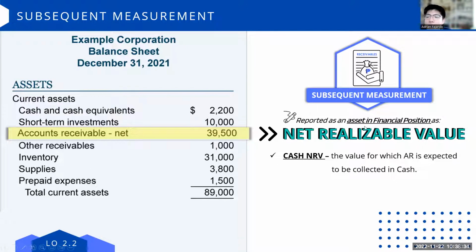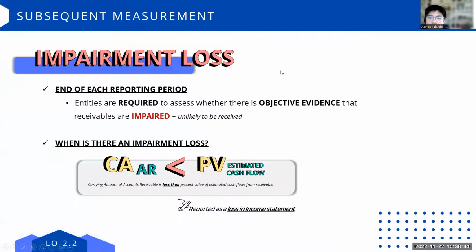So AR should be reported at what is called the cash NRV, or the value for which AR is expected to be collected in cash. And therefore, one of the things that you need to be aware of is what we call impairment loss, wherein at the end of each reporting period, entities are required to assess whether there is objective evidence that receivables are impaired, or unlikely to be received.